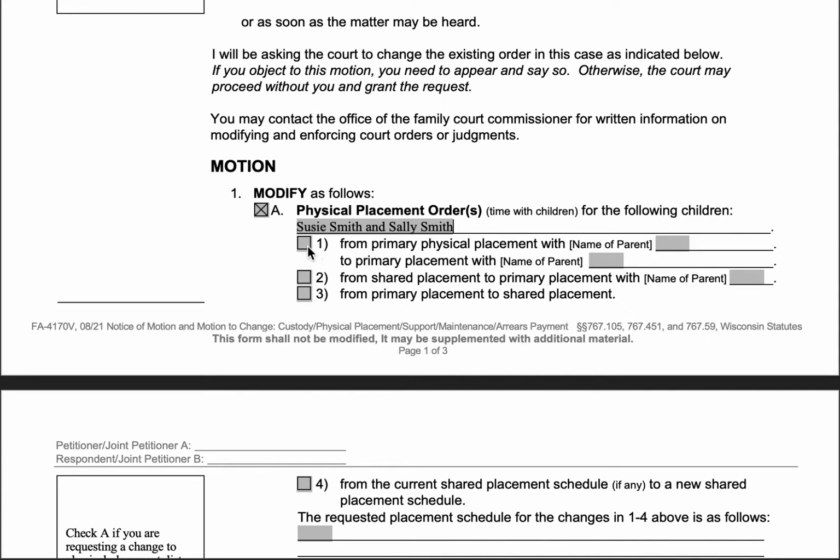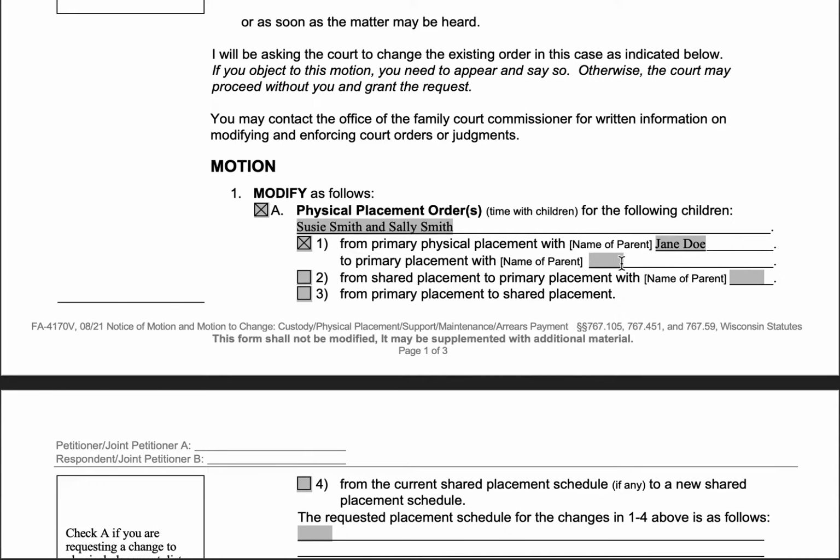The first one is if you're wanting to go from primary placement with one parent to primary placement with the other. So in this situation, let's say the child currently lived with Jane most of the time, and now John wants the child to live mostly with him, that would be this section. So we would check the box for number one, put here the name of the parent who currently has the ordered placement.